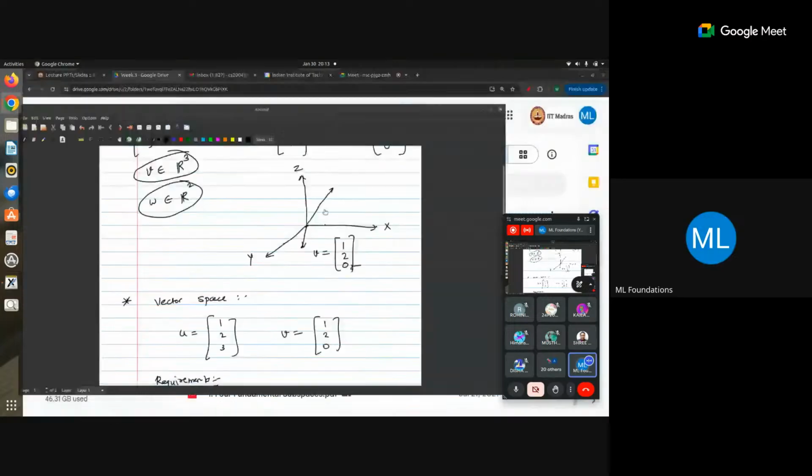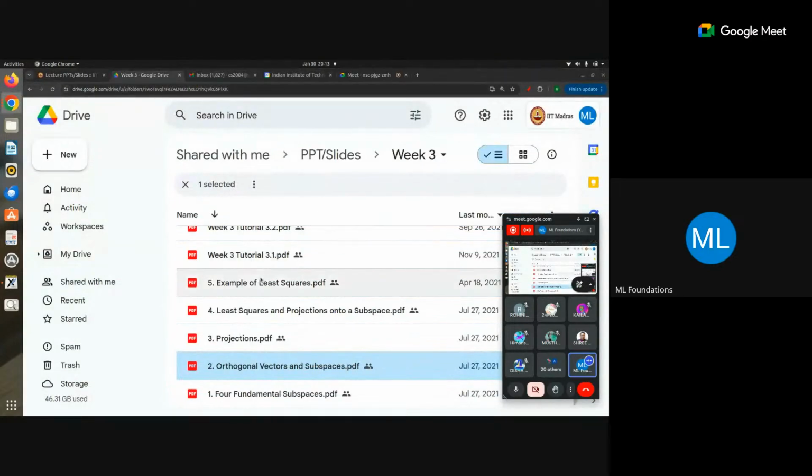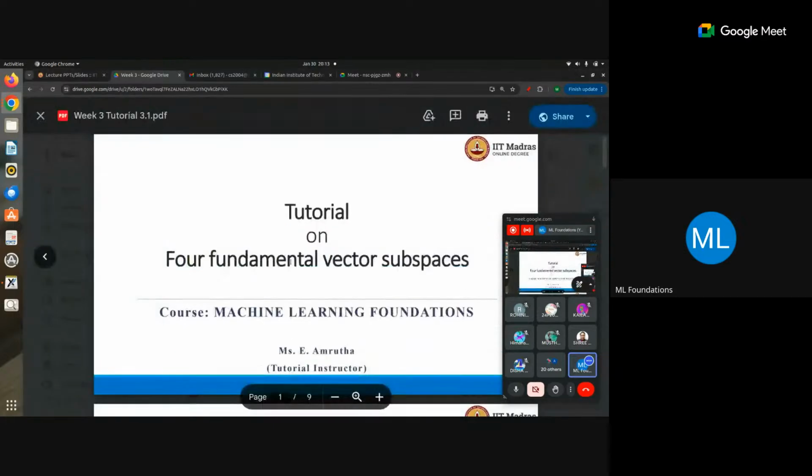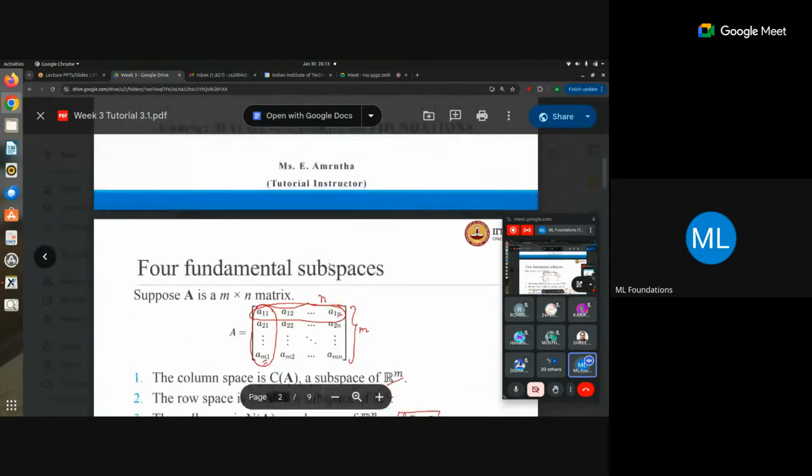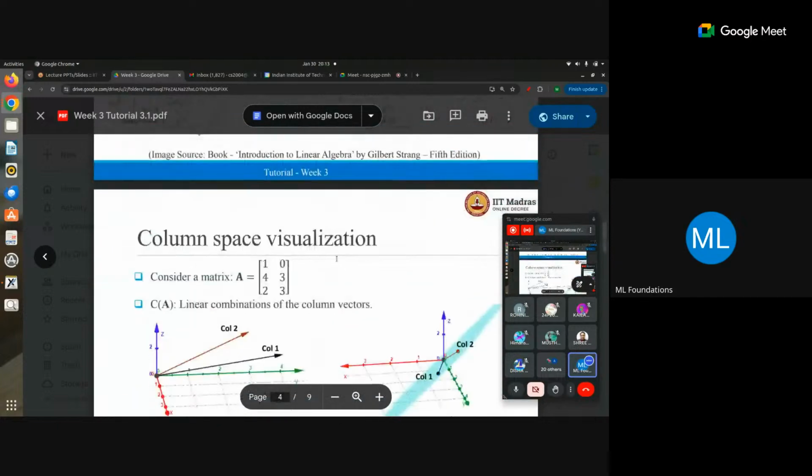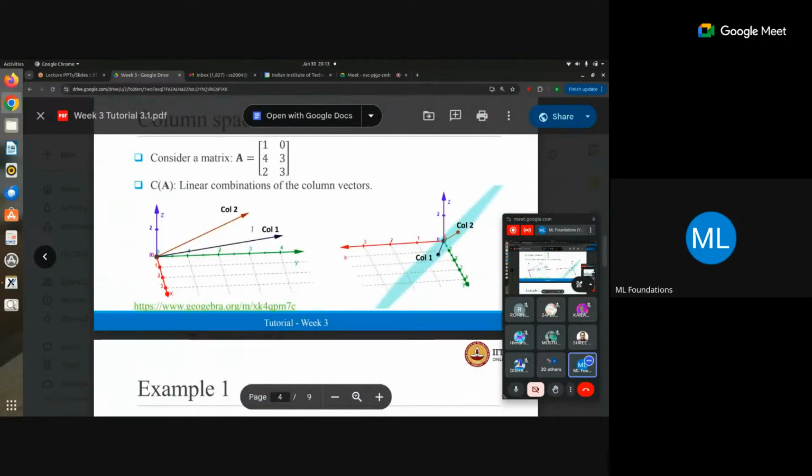Maybe we have that image here in the tutorial. So you can see these two vectors. Consider this matrix contains two vectors, 1, 4, 2 and 0, 3, 3.